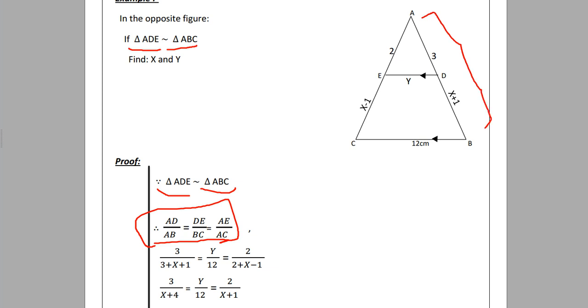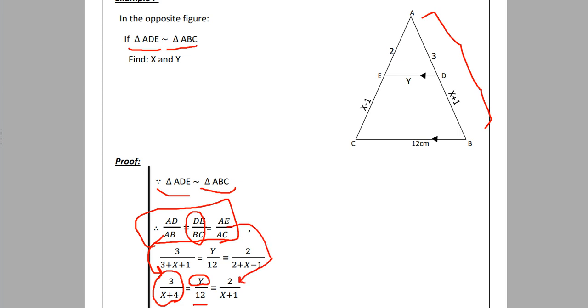So AD over AB is 3 over x plus 4, and DE over BC, excellent, DE is y, we don't know its value, over BC, BC is 12. And AE over AC, AE is 2, as you see here, over AC, which is x minus 1 plus 2, which is x plus 1.